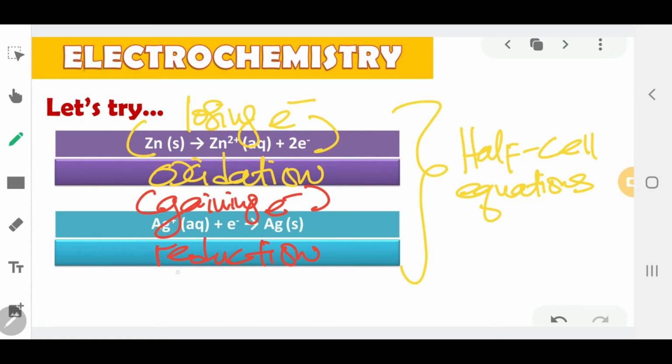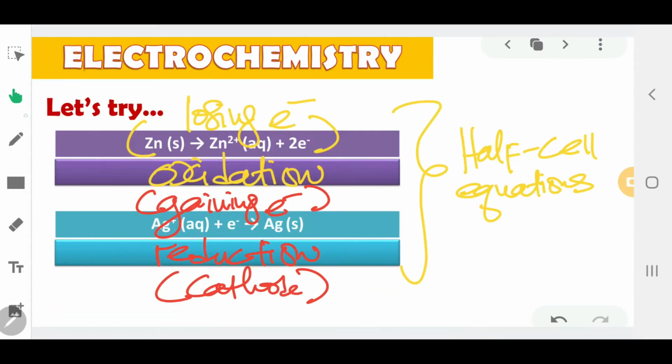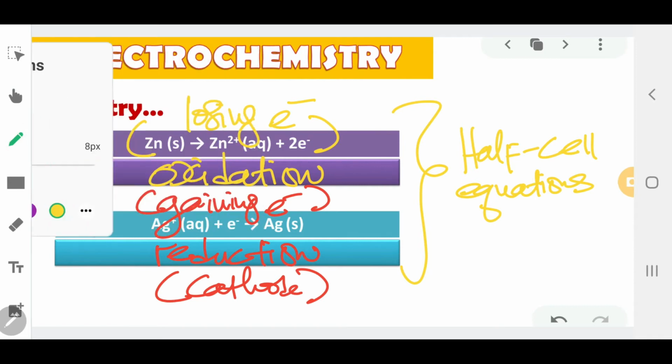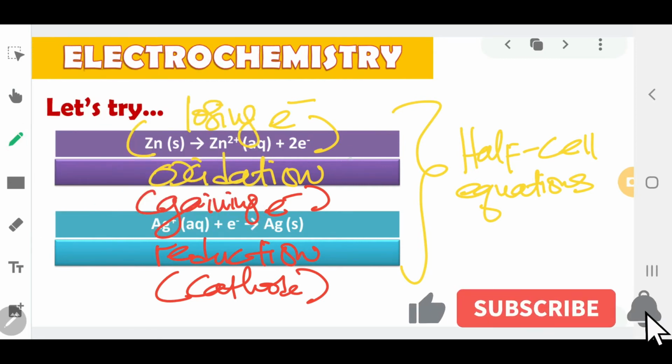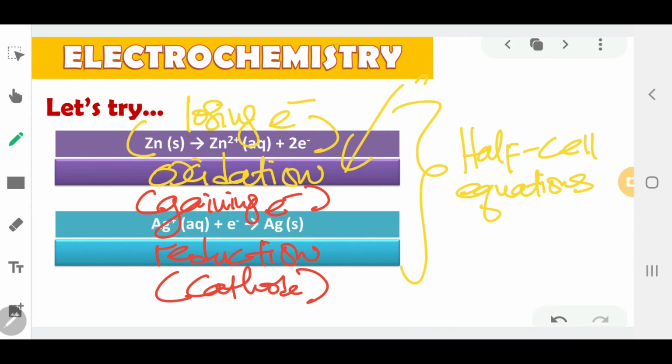So this one will be your cathode because red cats, that's how you're going to remember that. Reduction is gaining electrons, red cat, and automatically the one with oxidation here, this is your anode.